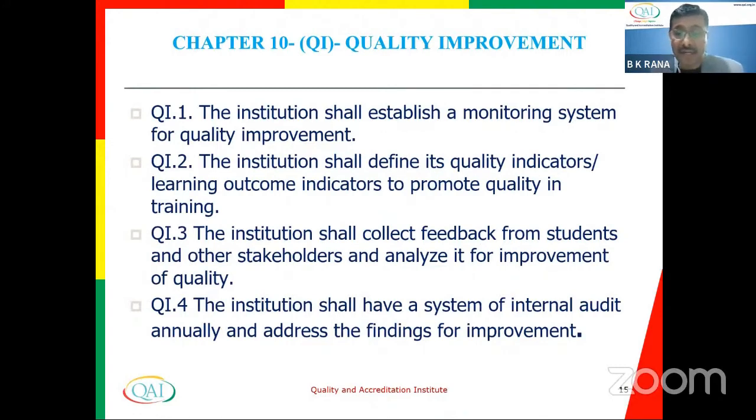The institution shall collect feedback from students and other stakeholders and analyze it for improvement. One of the best ways of getting feedback is conducting surveys, passing on a predefined questionnaire, and getting feedback from stakeholders, the student first, and the other stakeholders. Students are not the only stakeholders, there may be a wider range.